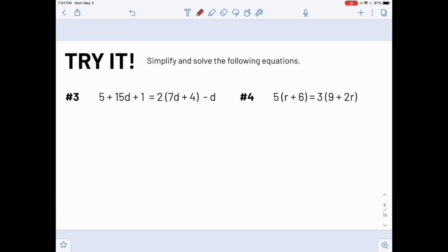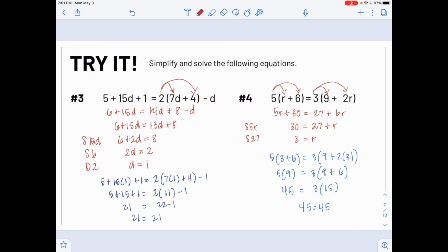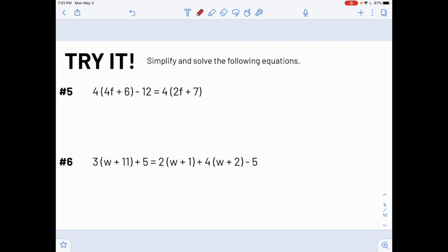You'll need to copy them in your notebook and press play when you're ready to check your work. And finally, try problems 5 and 6. Copy them in your notebook and press play when you're ready to check your work.